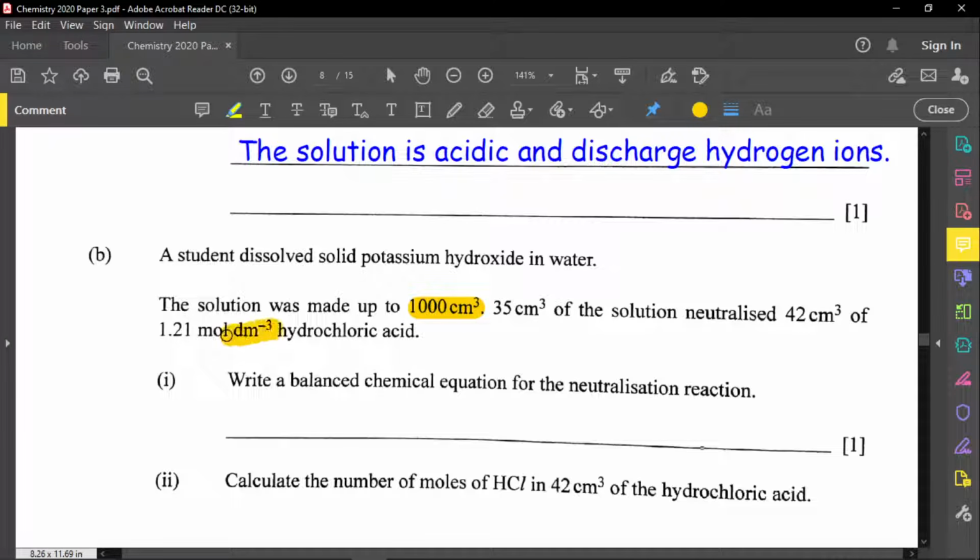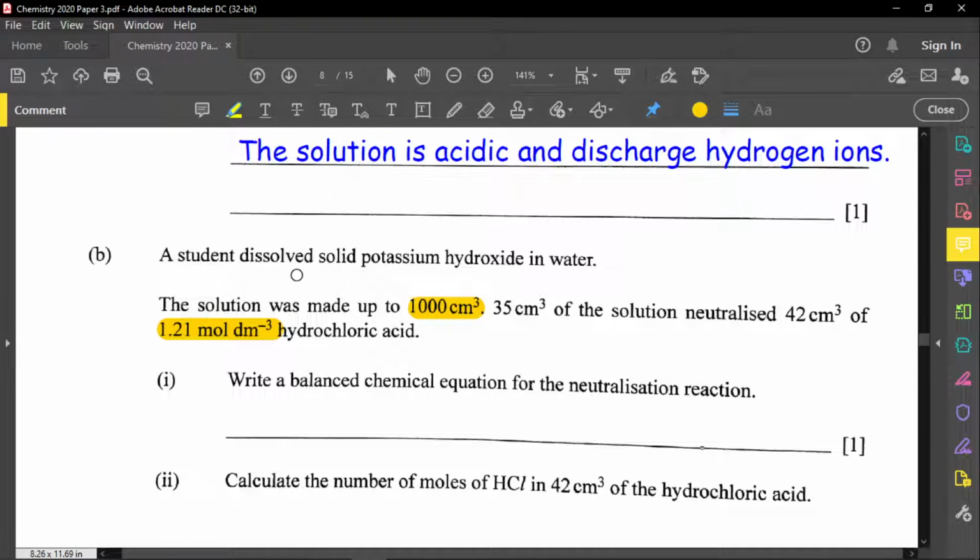So this is the molar concentration of hydrochloric acid. Now it said write a balanced chemical equation for the neutralization reaction. And so the neutralization reaction here is between potassium hydroxide and hydrochloric acid.